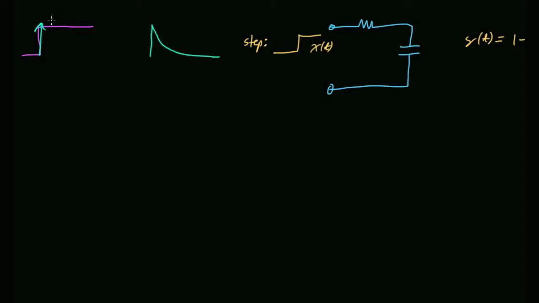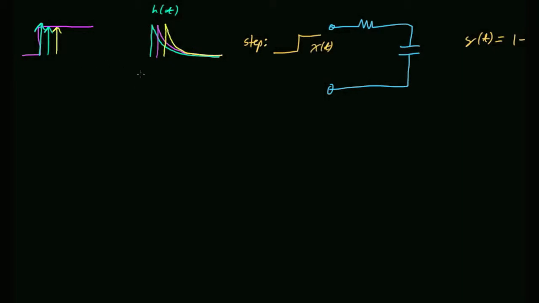Now, I've got another impulse. That impulse is going to be shifted, but it's going to be the same size as the first one. And then there's going to be another impulse, which is shifted, but the same size. And so on and so forth.